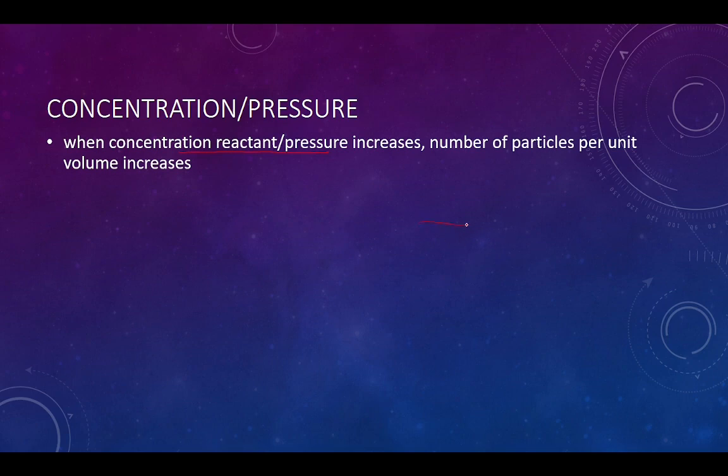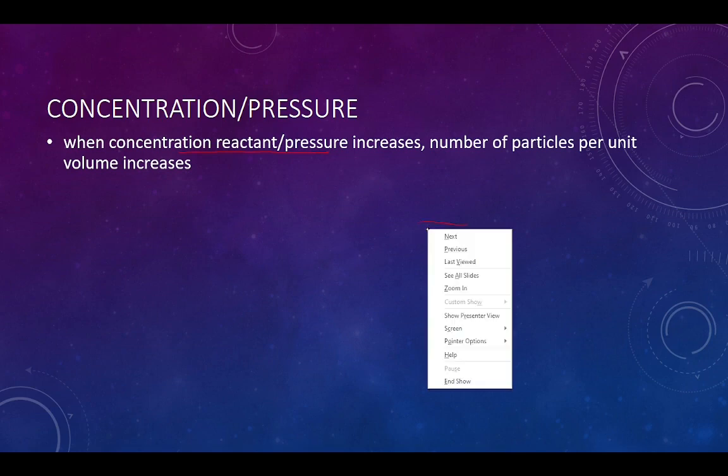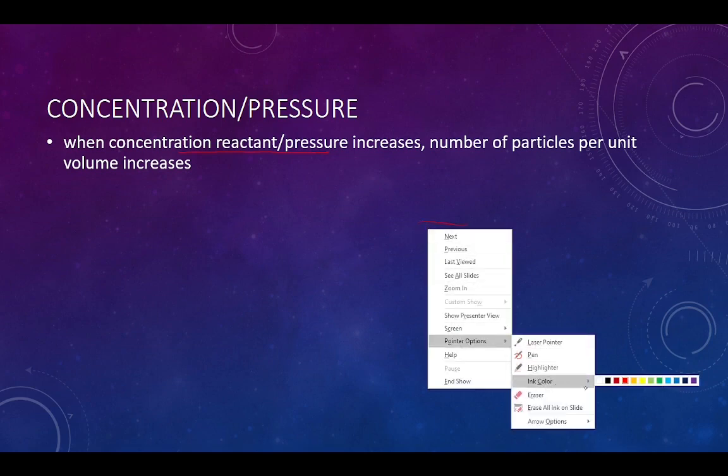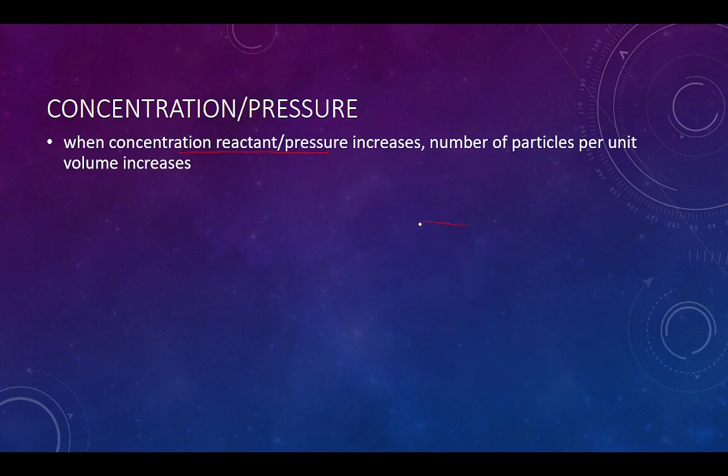Okay, let me draw an example. Let's consider we have 5 molar of a solution here in a closed vessel. So you can see there is only a little amount of it.